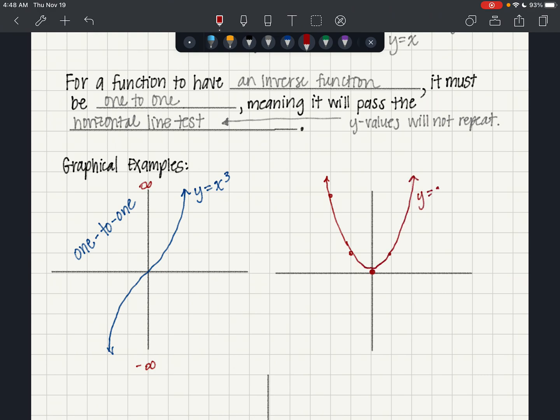So this would be the graph of y equals x squared. This is not one-to-one. The range of this function goes from 0 to infinity, and all of its y values repeat except for the vertex. So let me show you.